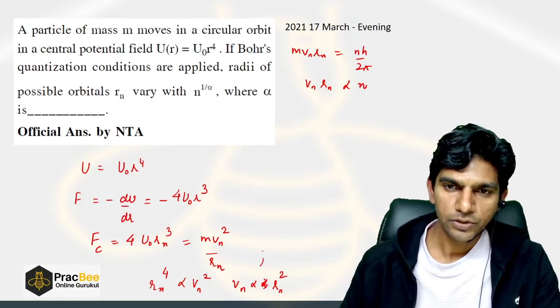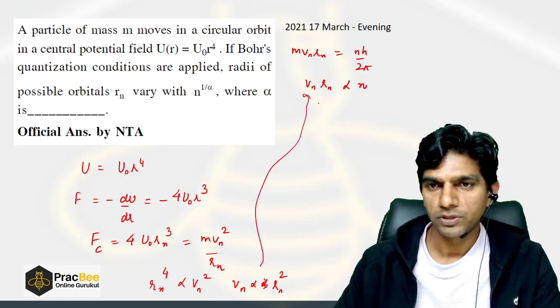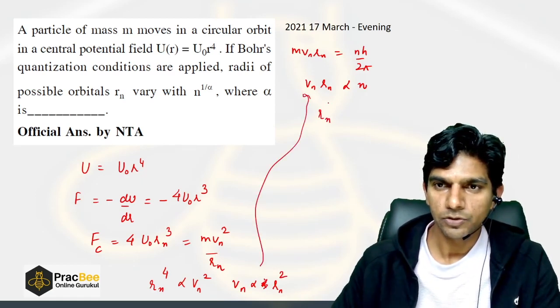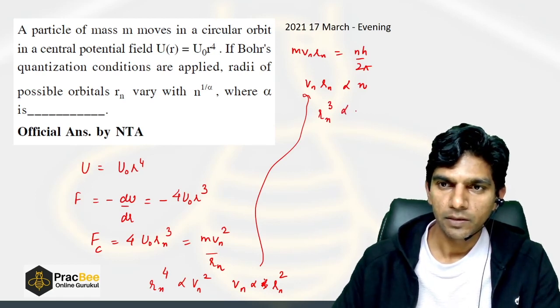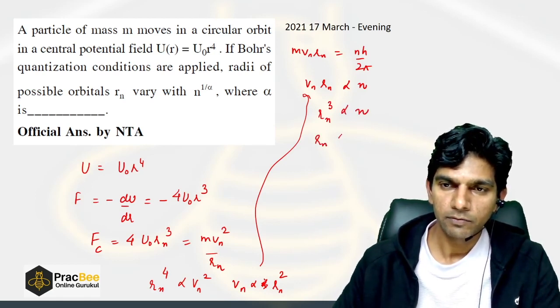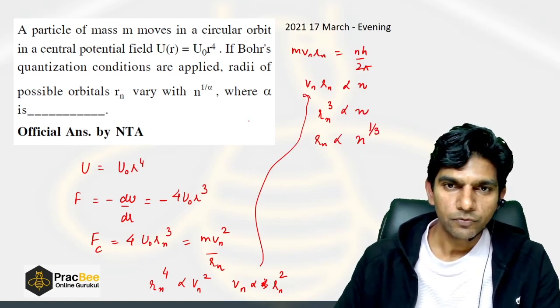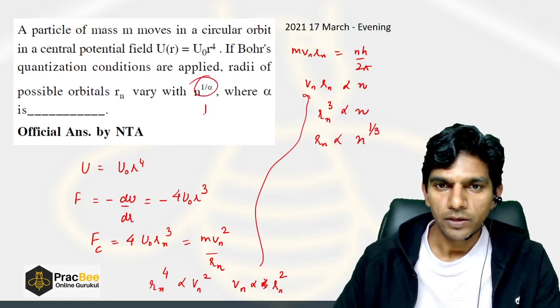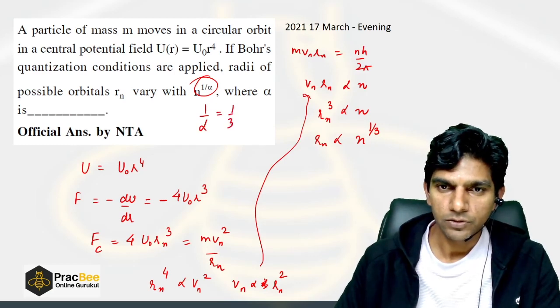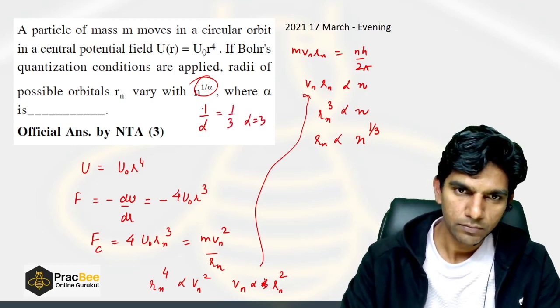So let us substitute this in this proportionality. So it will be Rn raised to power 3 is directly proportional to n. So Rn will be directly proportional to n raised to power 1 by 3. So if we compare, 1 by alpha is 1 by 3, so alpha will be 3. So 3 is the answer.